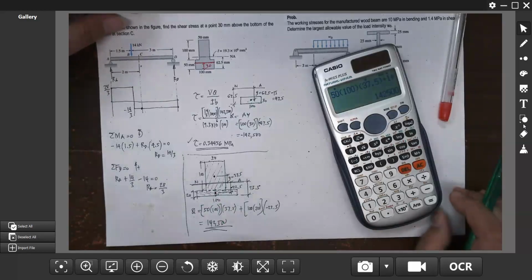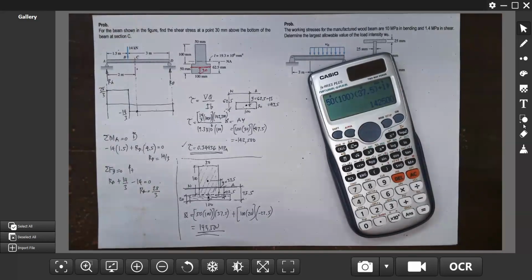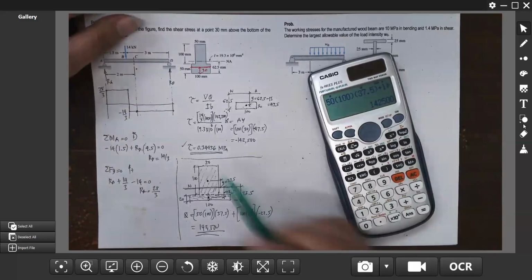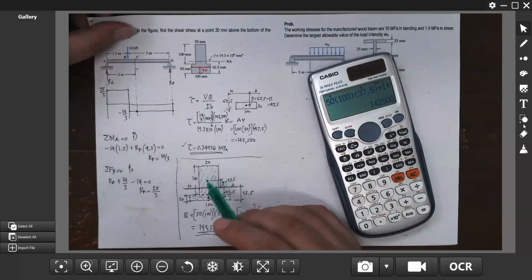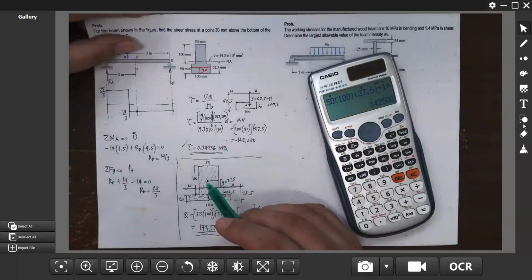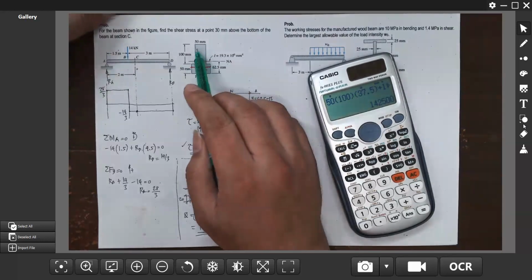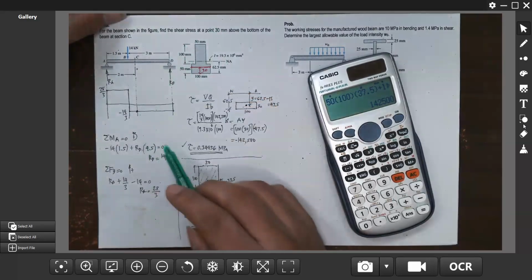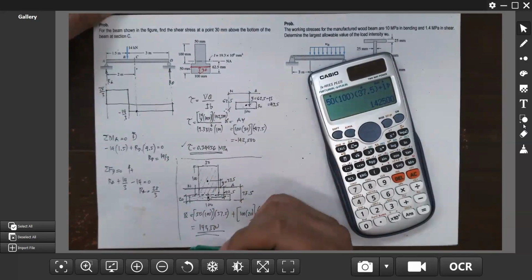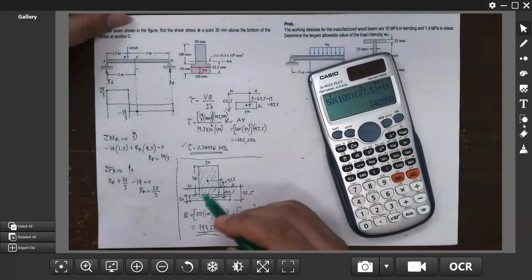So the advantage is that when getting Q, you may consider either the area below the cutting section or the area above the cutting section. Case to case, right? If you are not getting the stress here, it is easier to consider the area above the cutting section rather than below. But be careful with the sign.